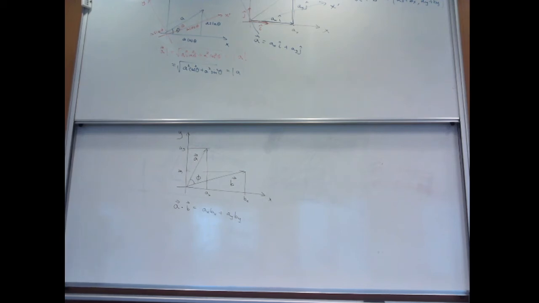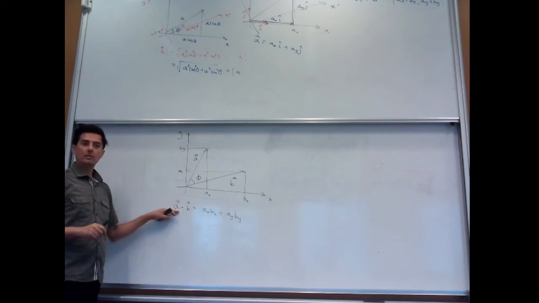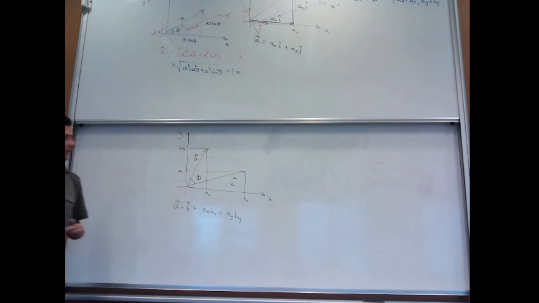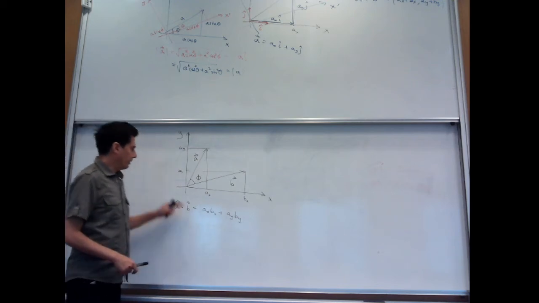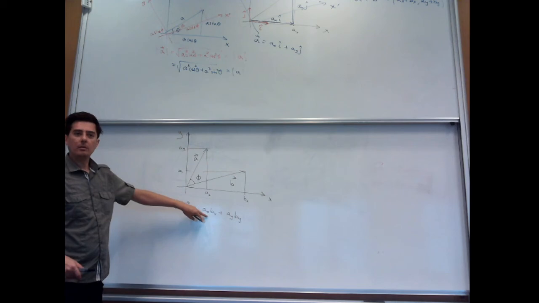But using this property that the dot product is invariant under rotations, we can choose a coordinate system that makes this quantity quite simple.